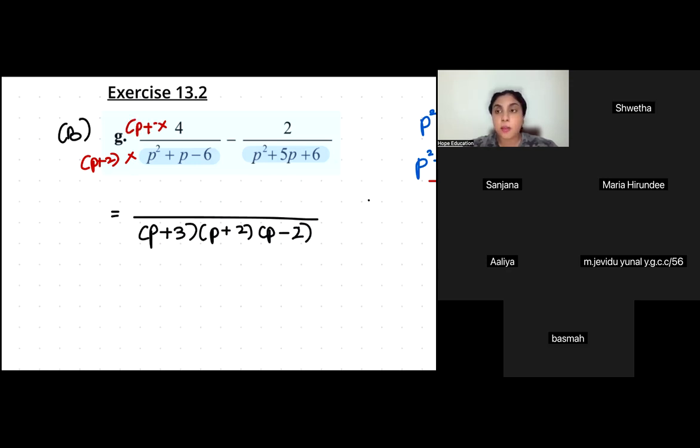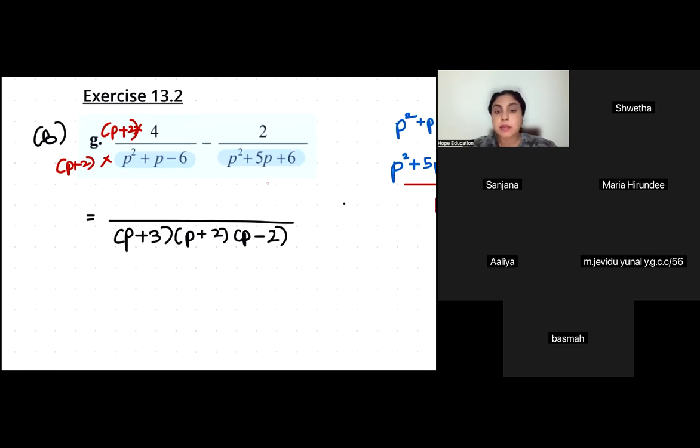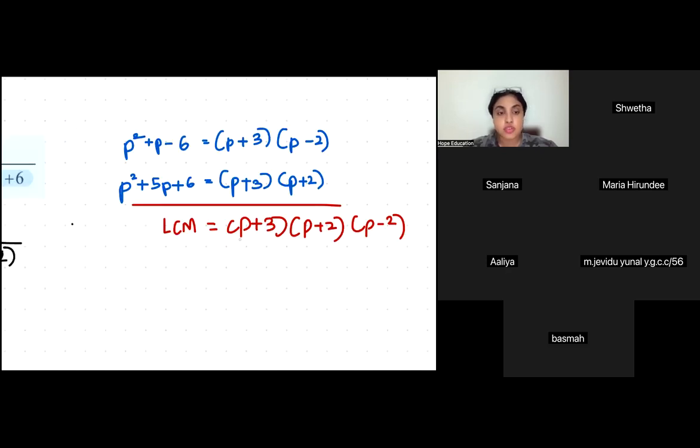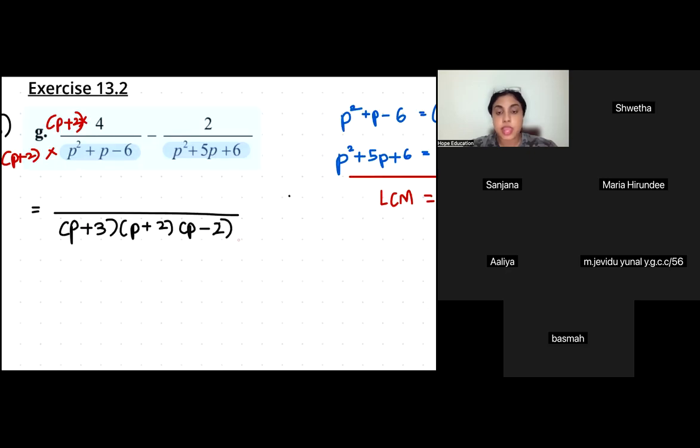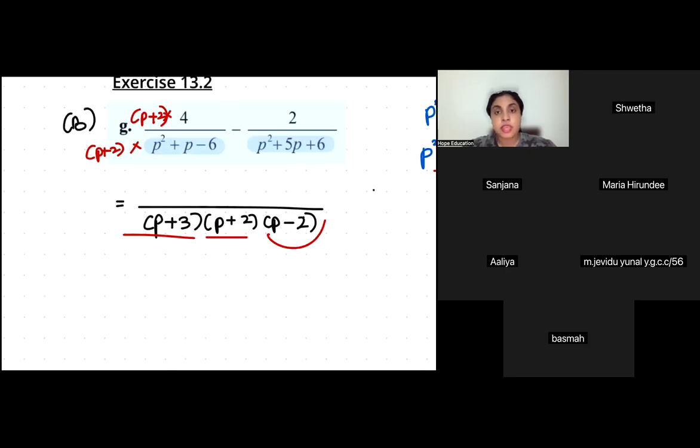If you look at this denominator, p squared plus 5p plus 6, we get p plus 3, p plus 2, right? So p plus 3, p plus 2 means there is no p minus 2 there. So I have to multiply this by p minus 2.